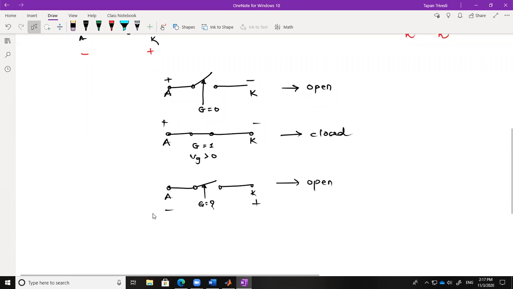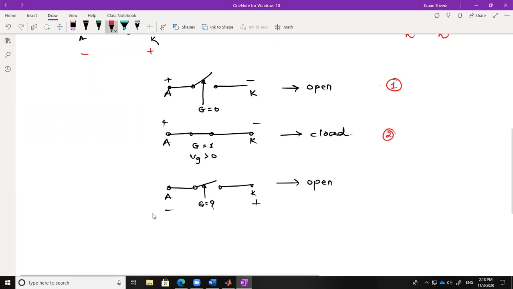So we have three states here. One, if the forward voltage is applied and nothing is applied at the gate terminal, it acts as an open. Two, forward voltage is applied and you apply some voltage at the gate terminal because of which the current flows, so it acts as a close.